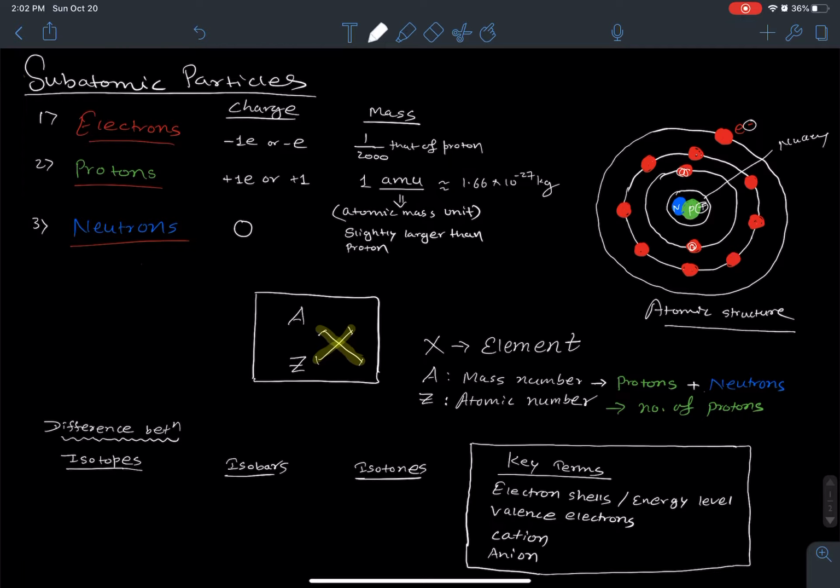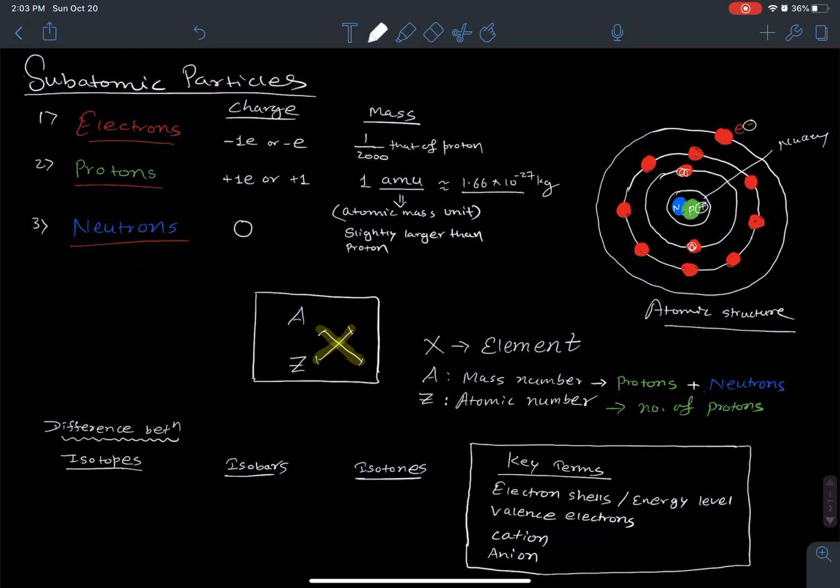If you look at the mass, the relative mass of the proton is 1 AMU, which is called atomic mass unit. 1 AMU equals 1.66 times 10 to the power negative 27 kg, which is very small.